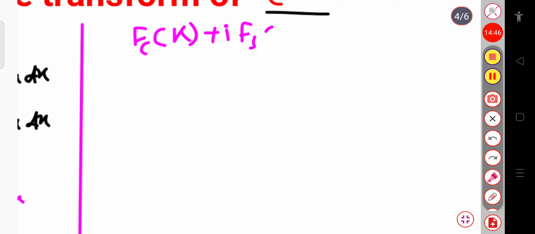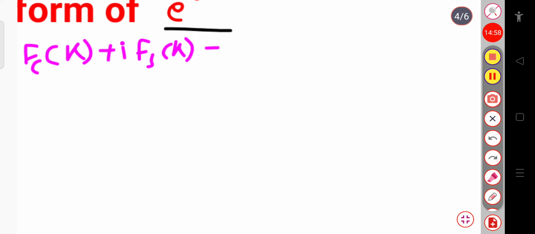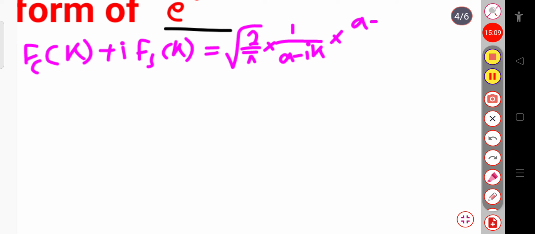This is equal to, you can see, its value is root over 2 by pi into 1 by a minus ik. Now we have to multiply its conjugate in the denominator as well as the numerator, that is a plus ik. Conjugate means in place of the negative sign, I have to put the positive sign in the imaginary part.